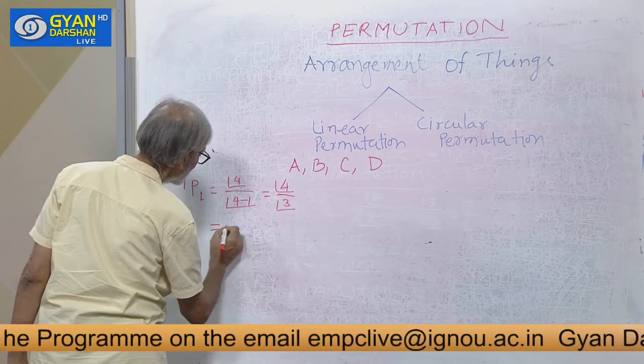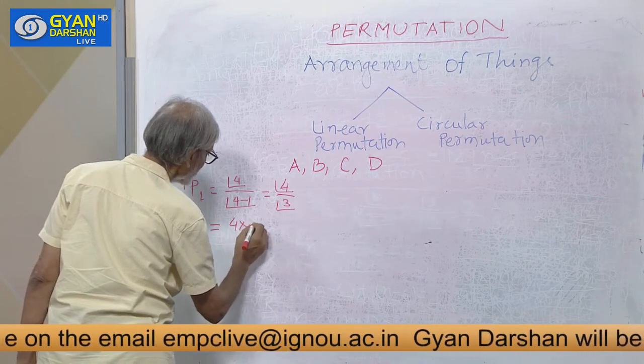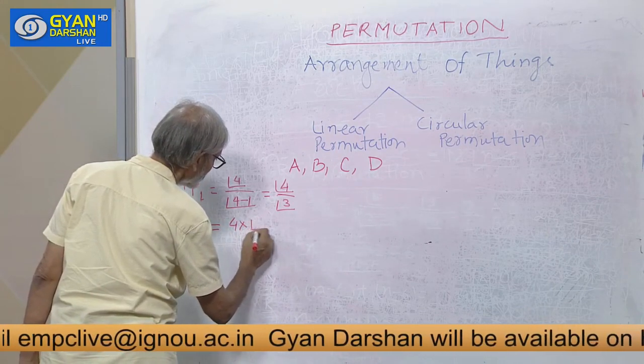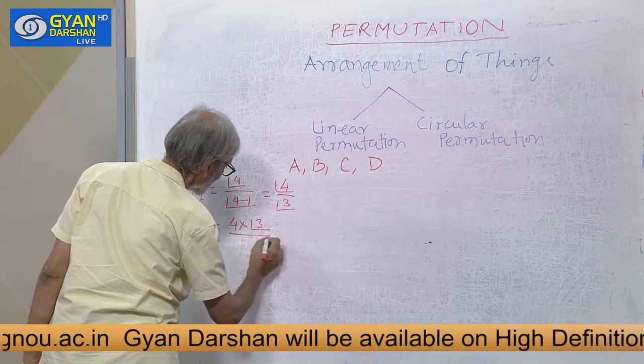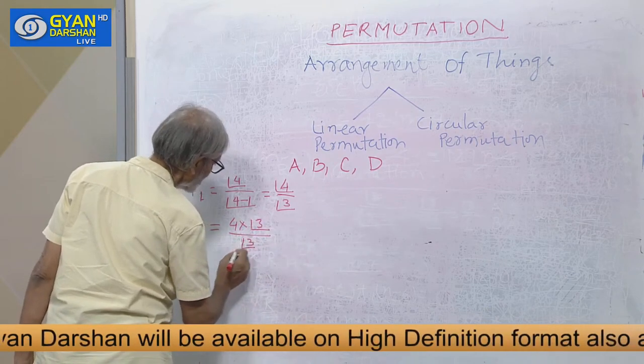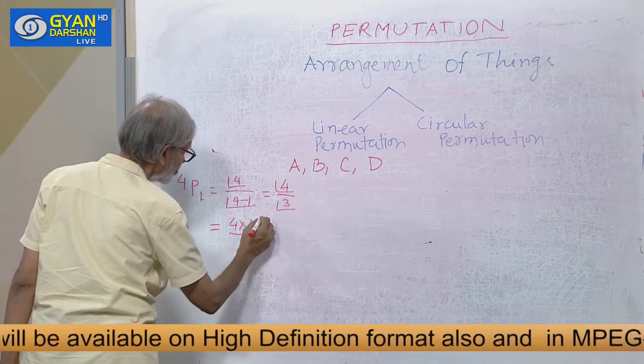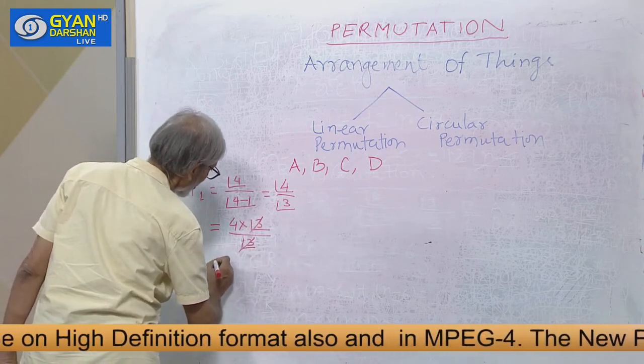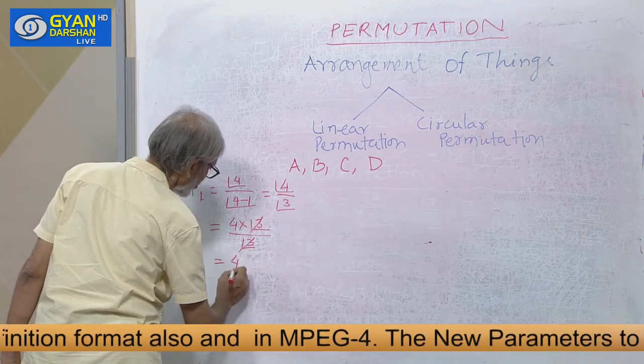So, this will be equal to 4 into 3 into 2 into 1, we can write it factorial 3 and here also factorial 3. So, this will be cancelled out. So, it will be equal to 4.